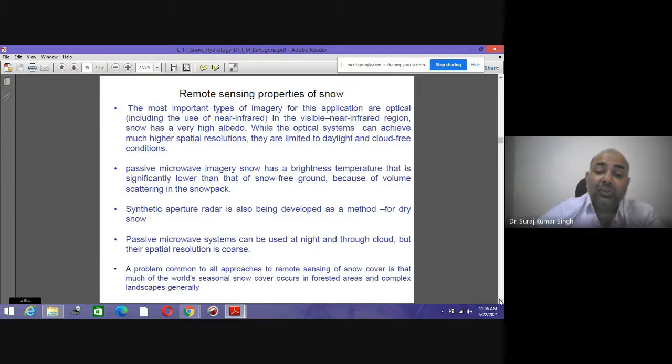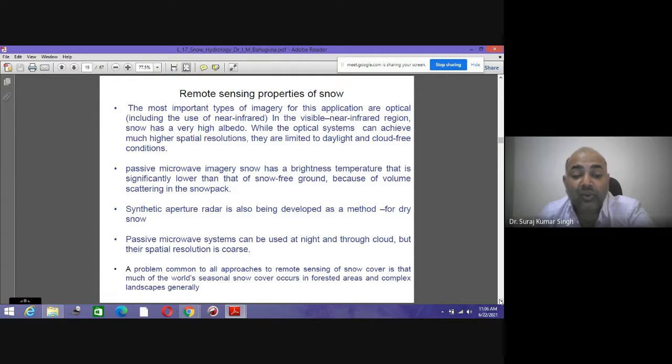In passive remote sensing imagery, snow has a brightness temperature that is significantly lower than that of snow-free ground because of volume scattering in the snowpack. Synthetic aperture radar is also being developed as a method to differentiate dry snow.